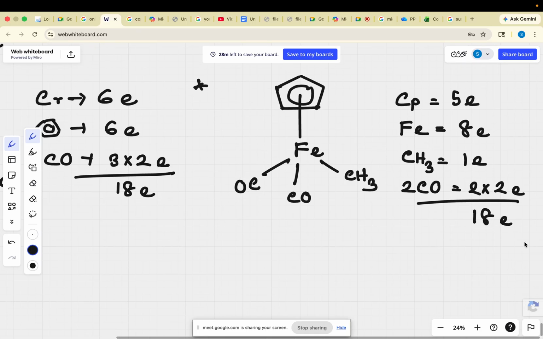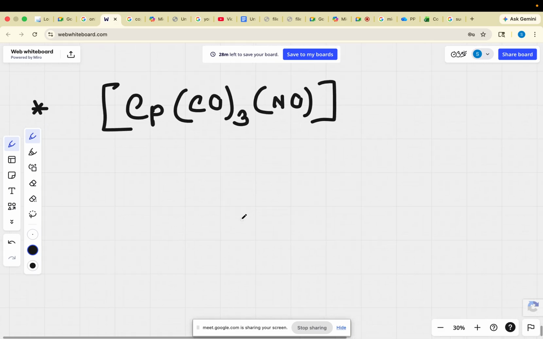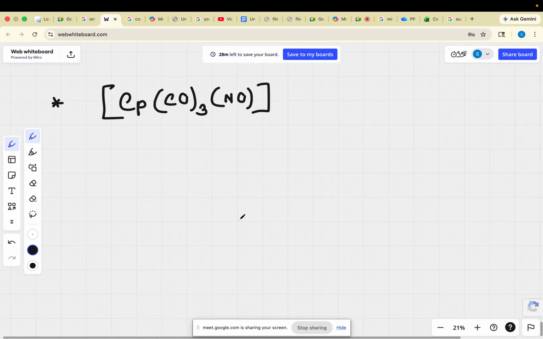Okay. Suppose you have this: Co(CO)3NO. Find it out. 14 electrons.